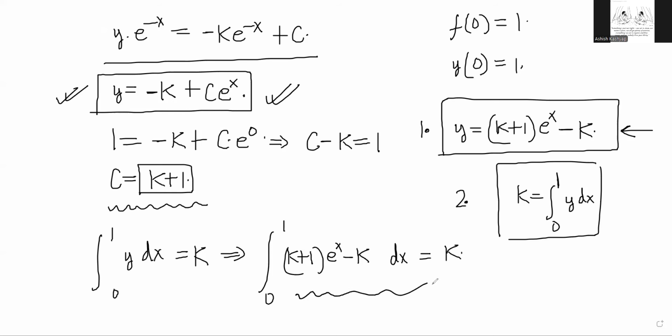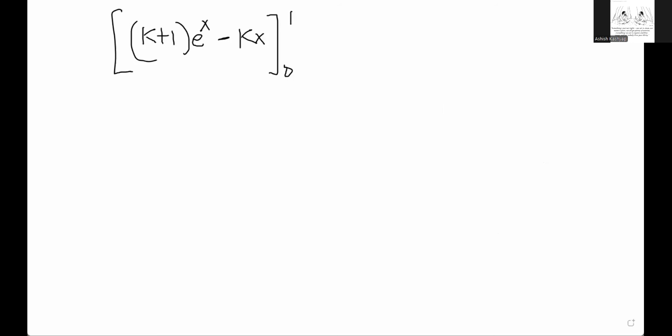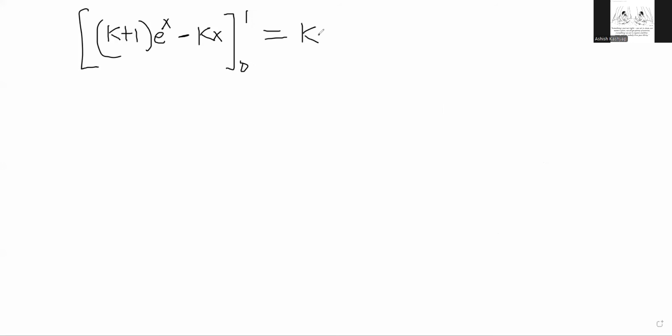So this is easily integrable and you will be able to solve it. So you'll get k plus 1 into e power x minus kx evaluated from 0 to 1, that value must be equal to k, right? So this will become k plus 1 into e minus k plus 1 into 1, and that's it. So is equal to k.